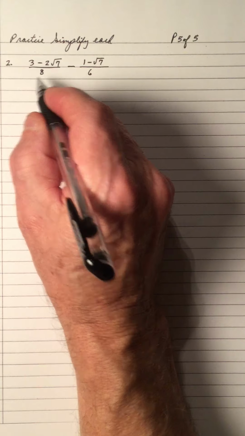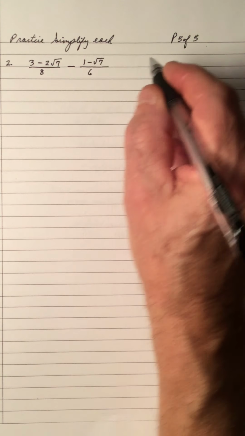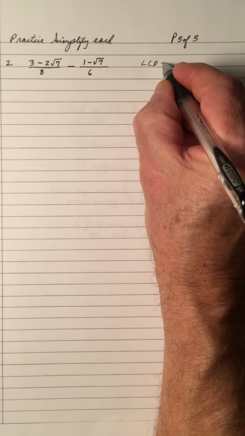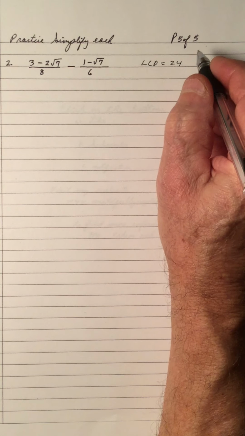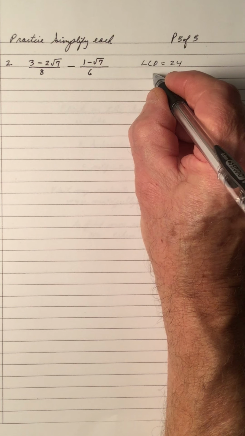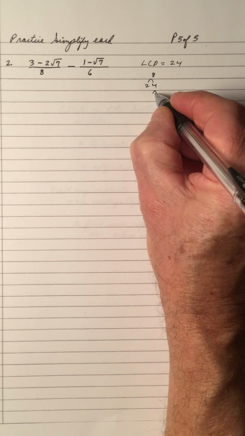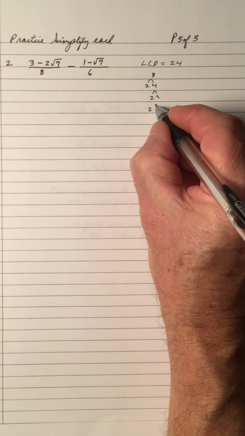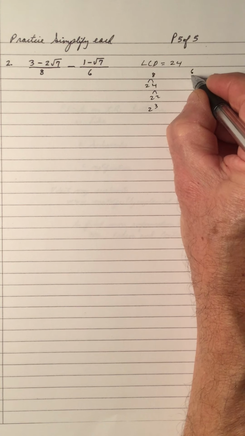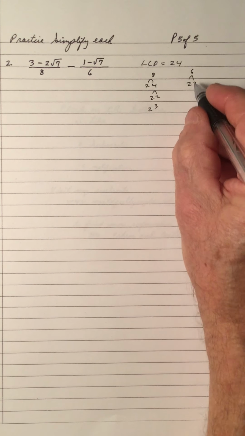For practice, we need a common denominator for 8 and 6. The LCD for 8 and 6 is 24. And just to show you that, remember, 8 is 2 times 4, and 4 is 2 times 2, so that's 2 cubed. And 6 is 2 times 3.